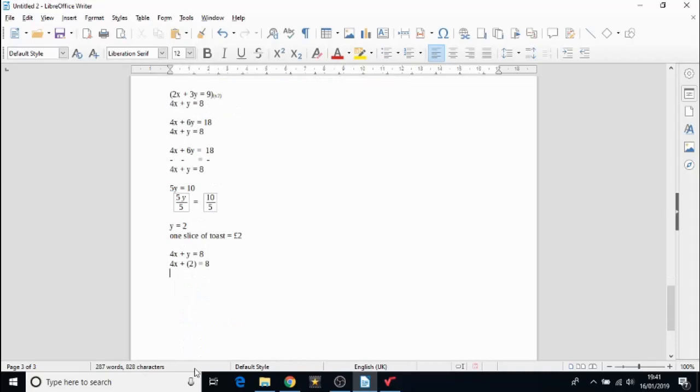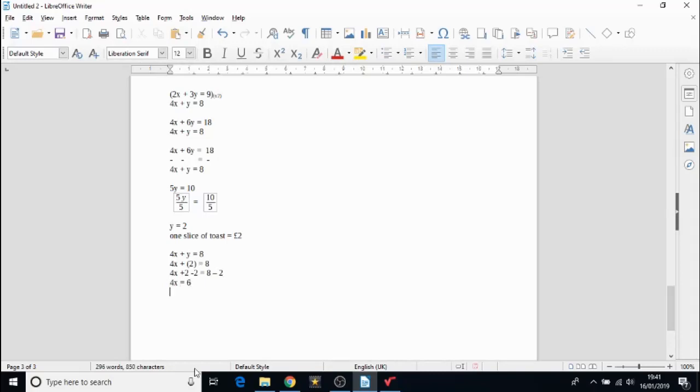We want to get x on its own. So first we move the positive 2. We eliminate it. So we do 4x plus 2 minus 2, and what we do to the left-hand side, you do to the right-hand side. 8 minus 2. Therefore, 4x is equal to 6.